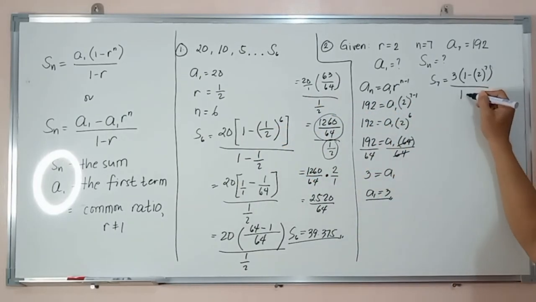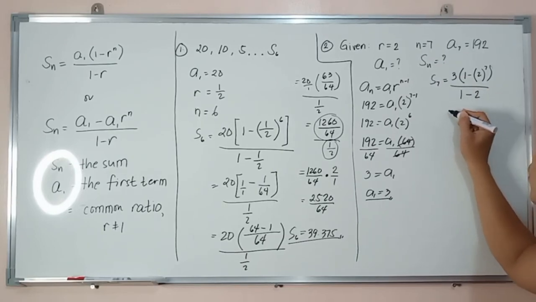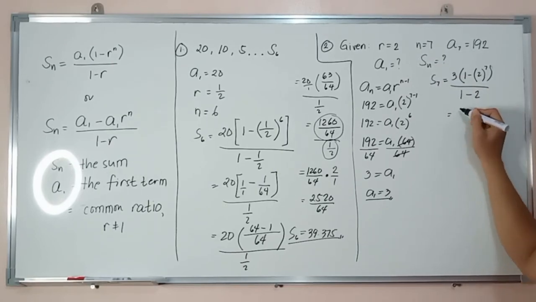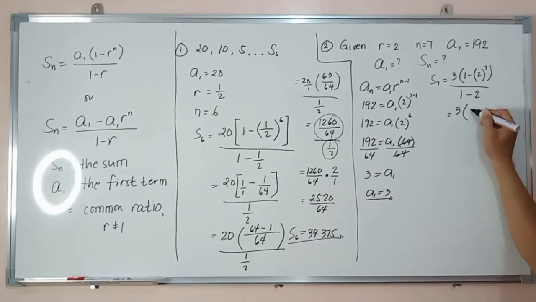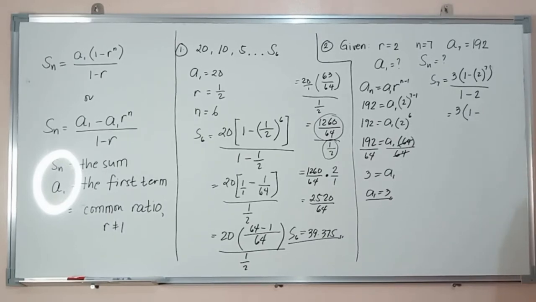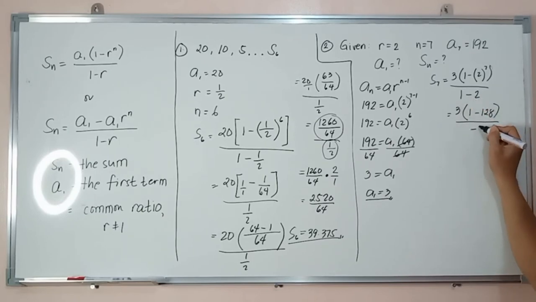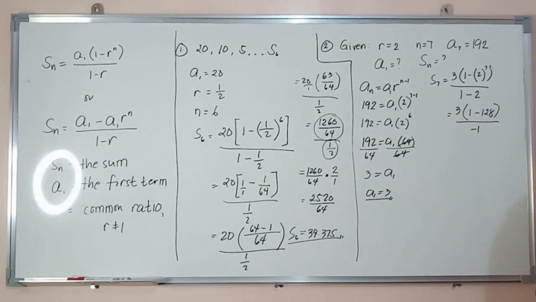So 1 minus our r is 2. We simplify. We have 3 times 1 minus 2 raised to 7, which is 128, over 1 minus 2, which is negative 1. So again, 2 raised to 7 is 128.